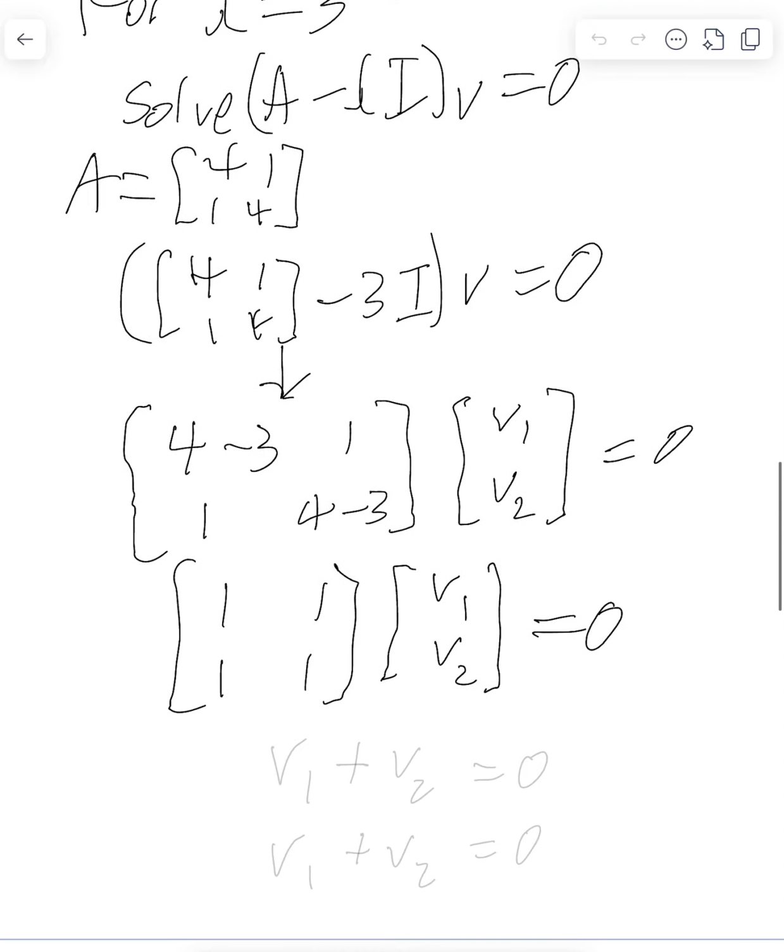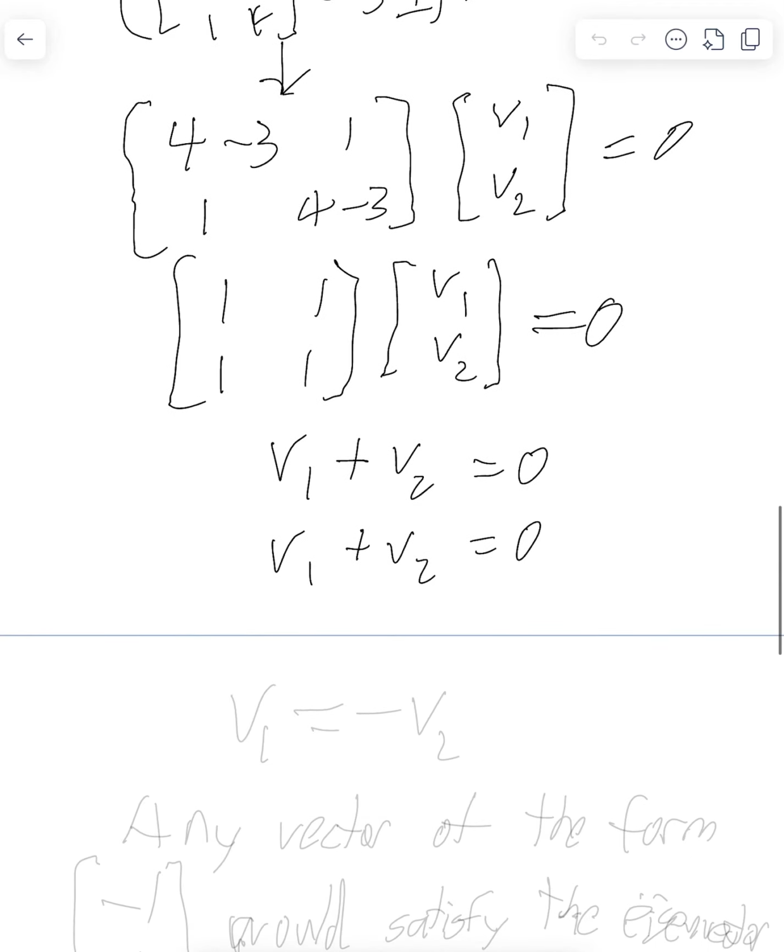Once you do this, you can just multiply it out. Wait one second, let me just take this out. That was not right. So you just have to multiply it out. It would just be v1 plus v2 is equal to 0, and then v1 plus v2 is equal to 0. So you have the system of equations from multiplying the above step out.